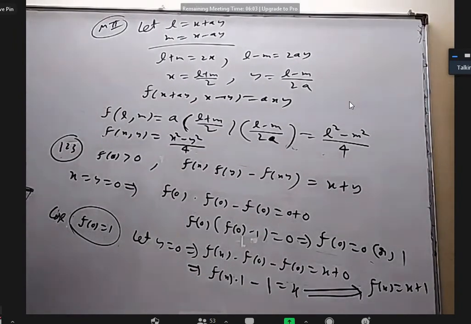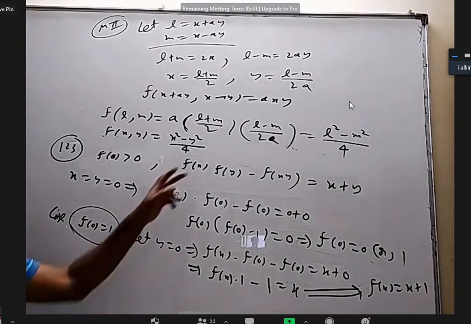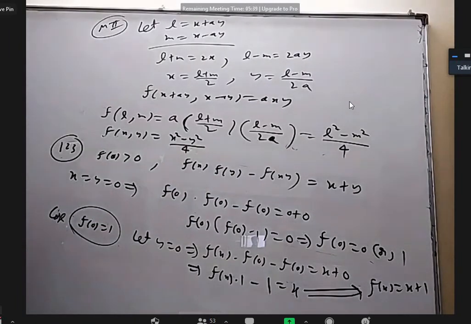So we will get x equal to 0 when f is equal to 0. Okay, so something absurd. So what else can I substitute? Whether I put x equal to 0 or y equal to 0, I'll get the same absurd result. So what else can I put?